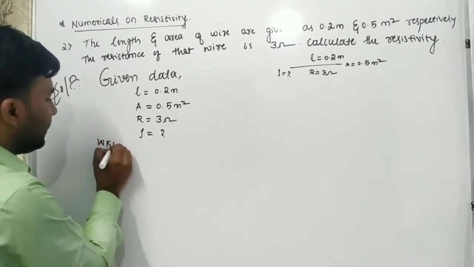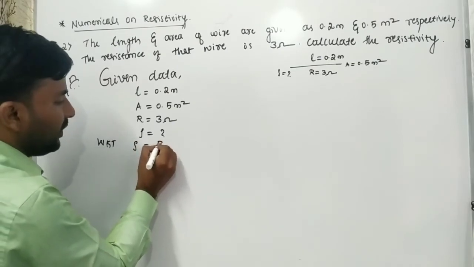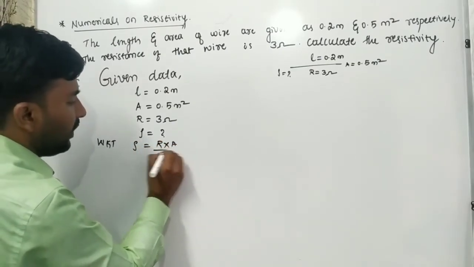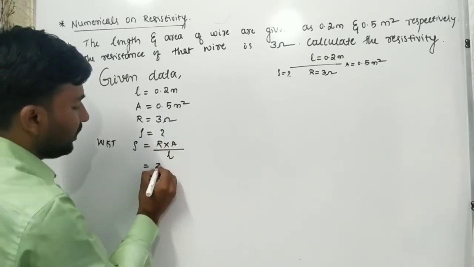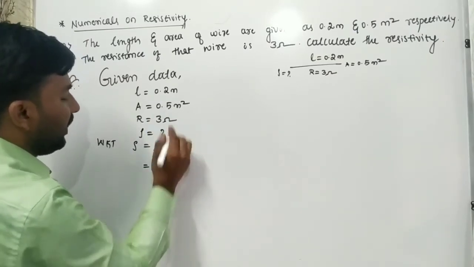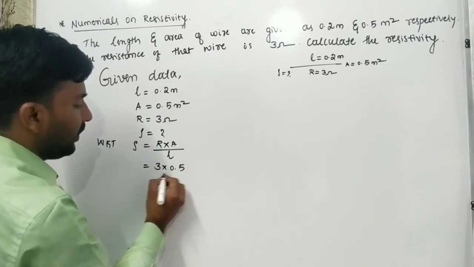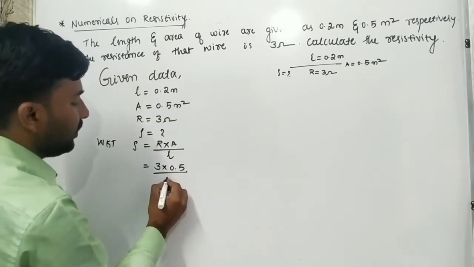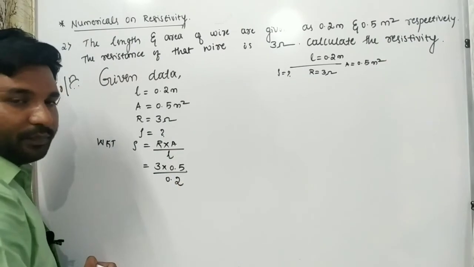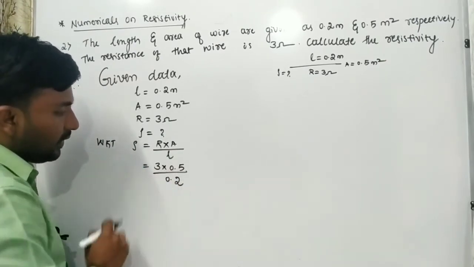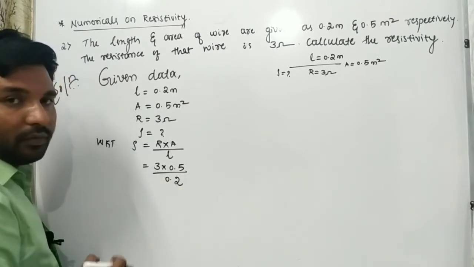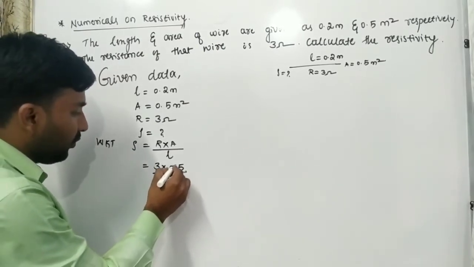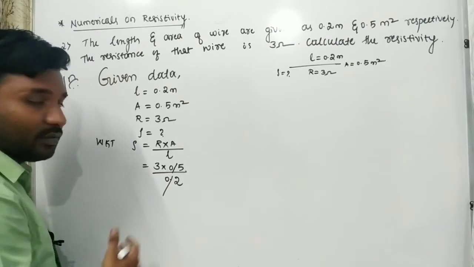So we know that resistivity is equal to R into A divided by L. R is equal to 3, A is equal to 0.5, L is equal to 0.2. So here in the numerator after 1 digit point, in the denominator after 1 digit point, these 2 points both get cancelled together.